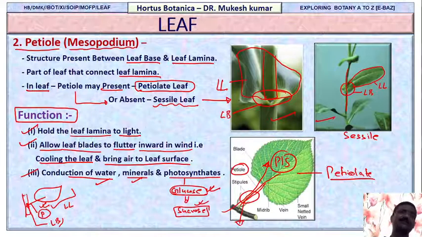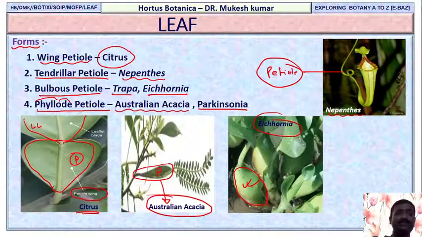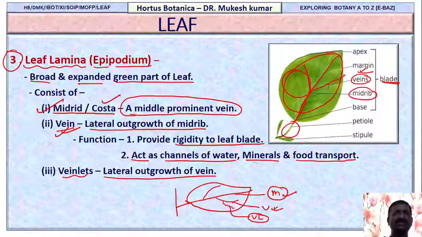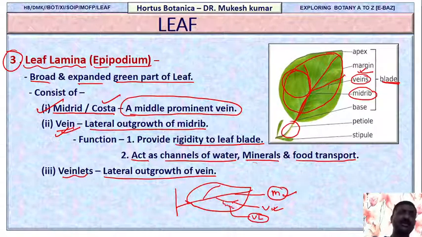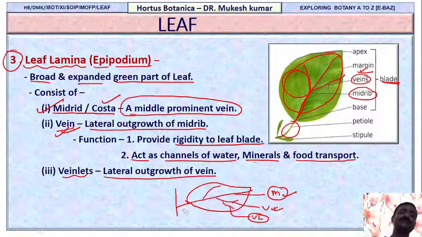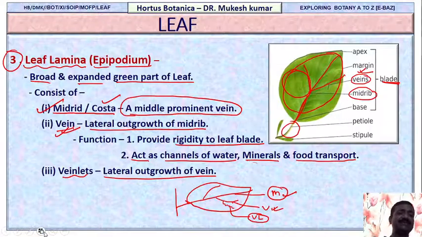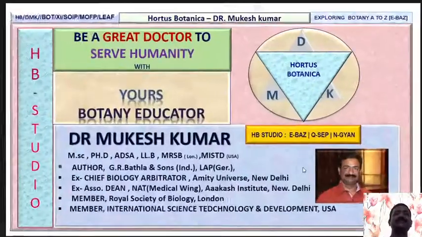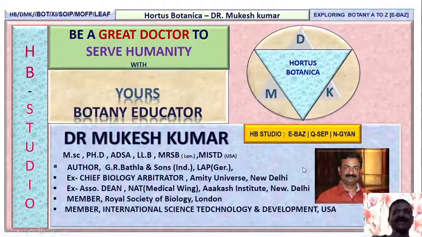Then we studied the petiole and how petioles are modified in the form of wing structure, bulbous structure, tendrillar, and the small leaf-like structure called phyllode. Now the leaf lamina I told you about. In the next class we will discuss venation in a detailed format.